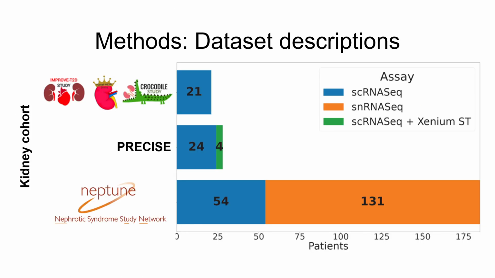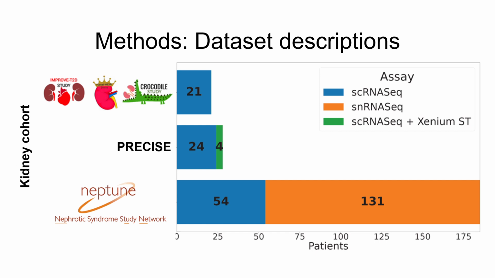The Improve Type 2D, Renal HEIR, and CROCODILE data is all single cell, and the PRECISE nephrectomy data is also all measured through single cell. But what's really interesting is that 4 of the single cell samples are the same individuals that were assayed with Xenium.